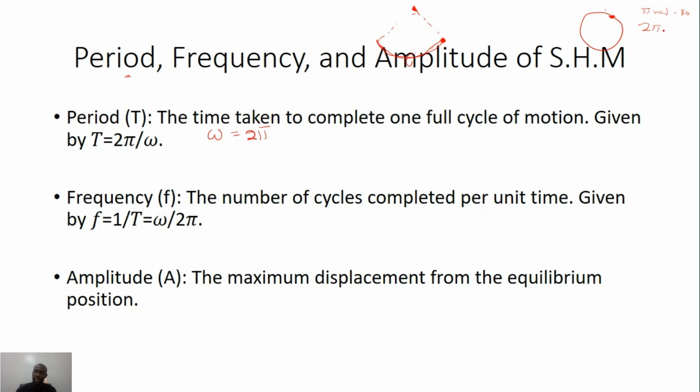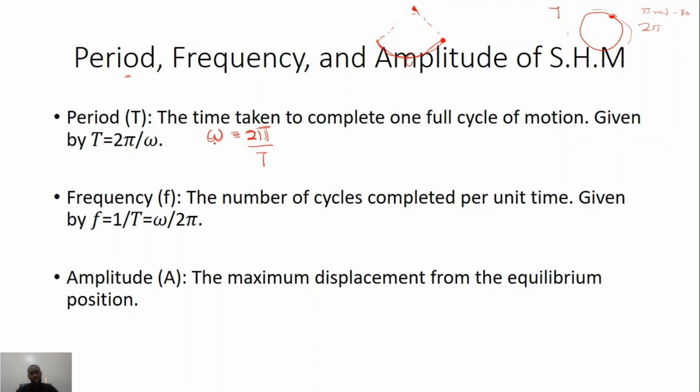So 2 pi is 360. So this is where this 2 pi comes from. And the time taken for the body to complete one cycle like this is the period T. So as we know that the angular velocity is the angle traveled over time taken, and we know the time taken for the body to travel a circular path is period T.